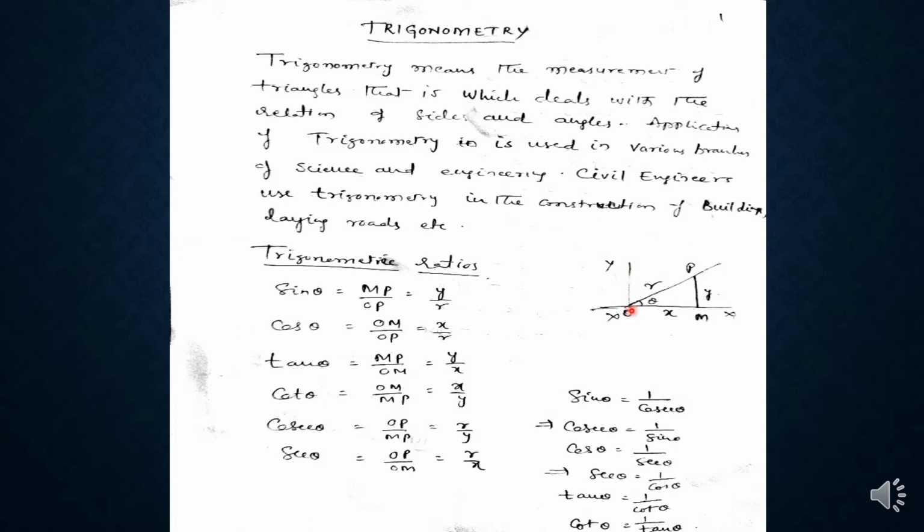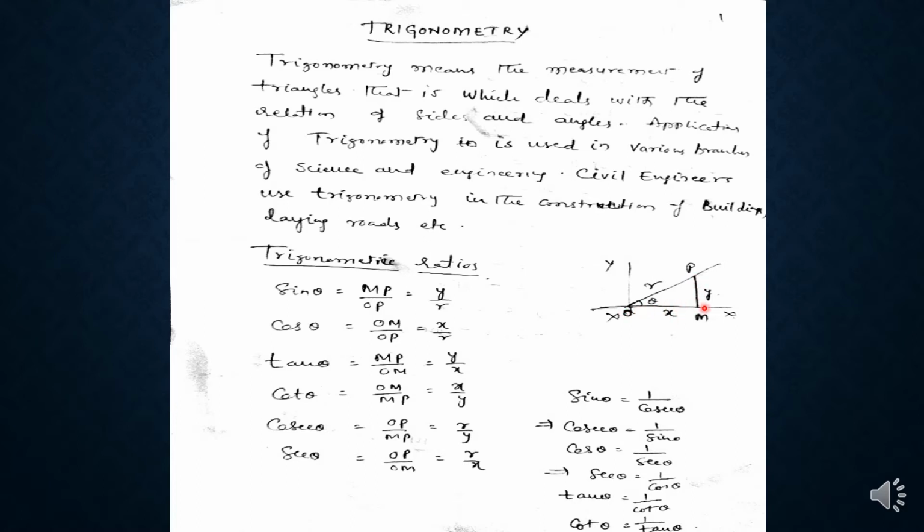Let us take a right angle triangle here on the x-axis and y-axis. If we take the right angle triangle OPM, and angle MOP is theta, then PM is called the opposite side to angle theta, and OM is the adjacent side.